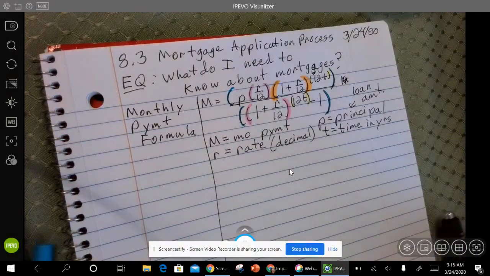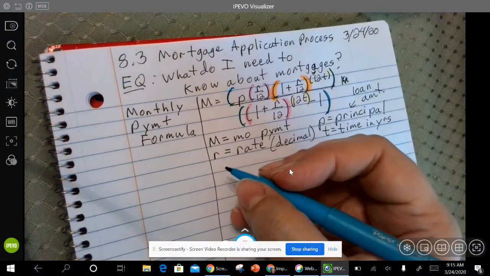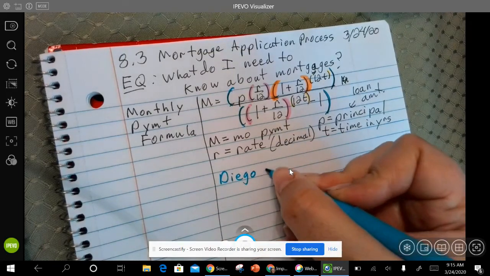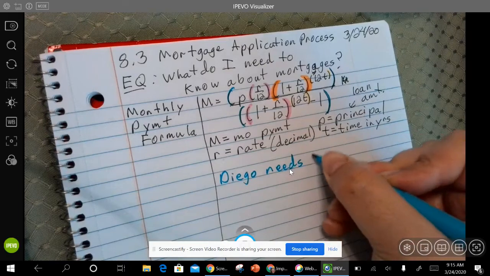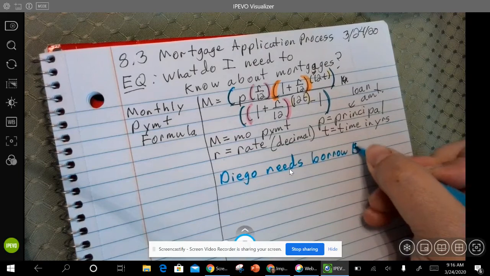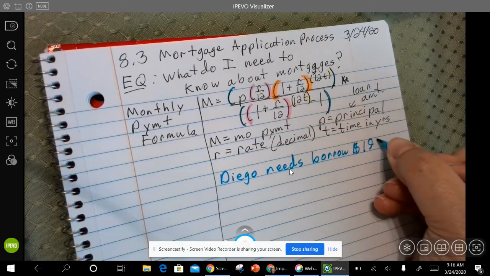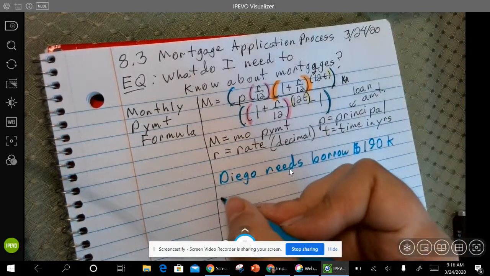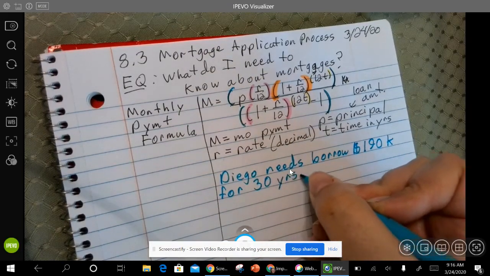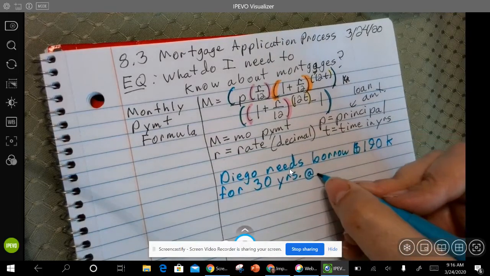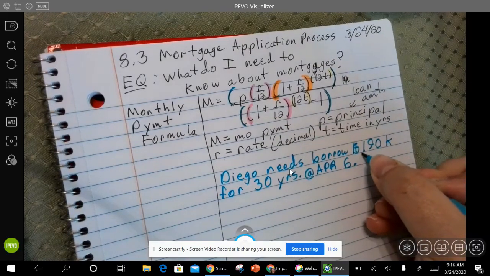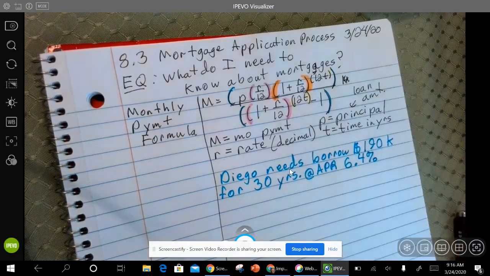Okay, so let's do an example. Let's say Diego is going to buy a house and he needs to borrow $191,000 for 30 years at an annual percentage rate, so APR, of 6 4/10%.